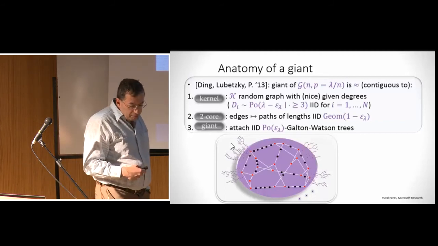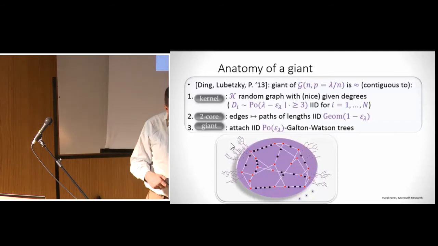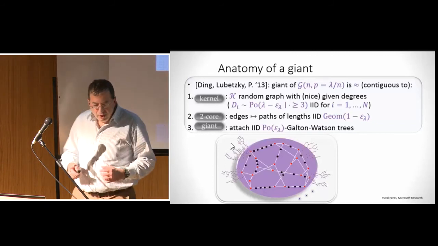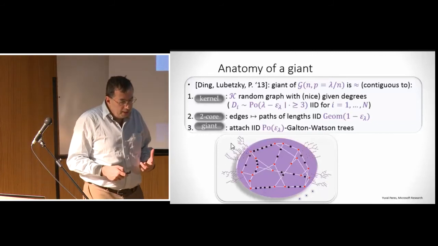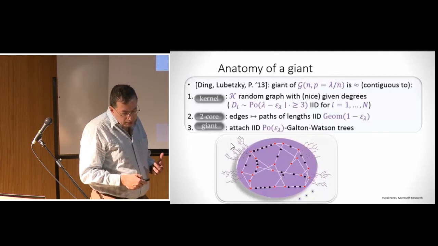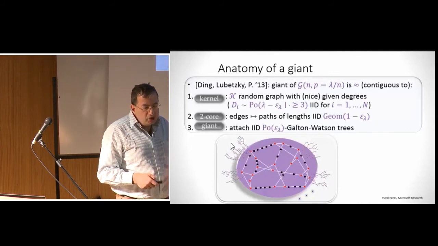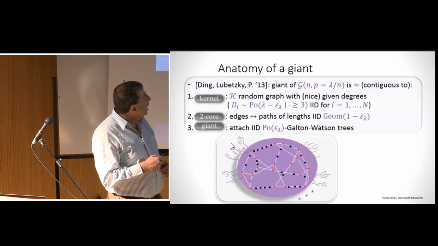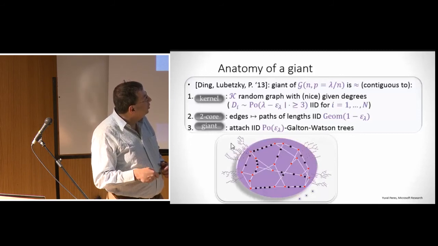The giant component can be built by taking an expander, which is a random graph with a known degree sequence, stretching the edges to get the 2-core, where the stretch can be done independently up to contiguity, and then adding independent Galton-Watson trees at the nodes.